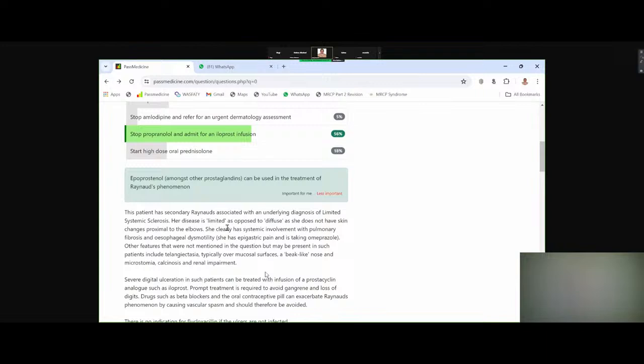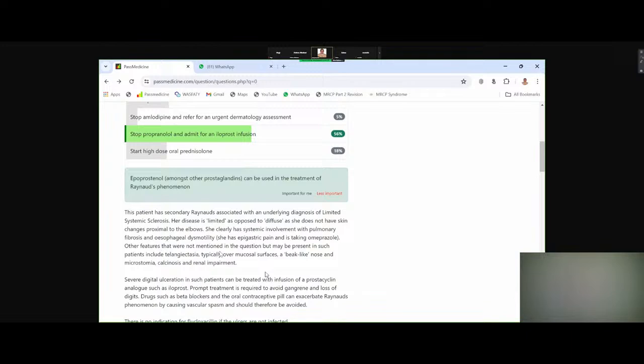Her disease is limited as opposed to diffuse, as she doesn't have skin changes proximal to the elbows, and she clearly has systemic involvement with pulmonary fibrosis and esophageal dysmotility, and she has epigastric pain and is taking omeprazole.